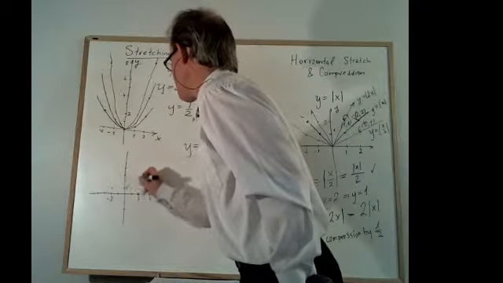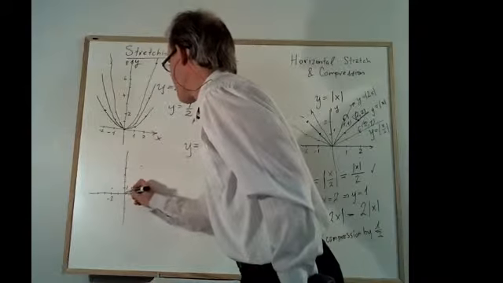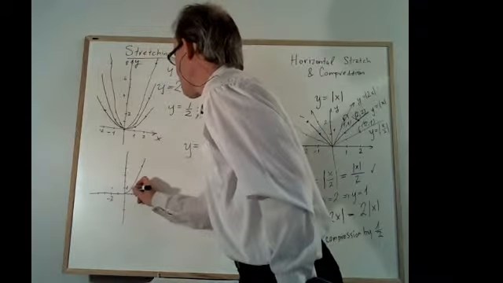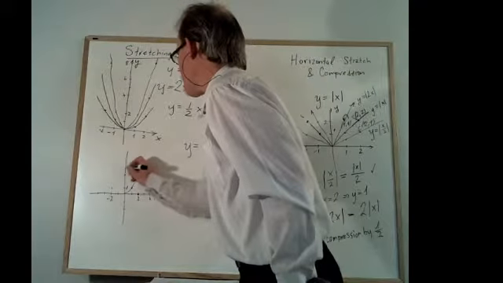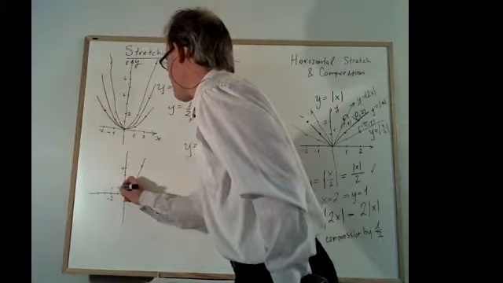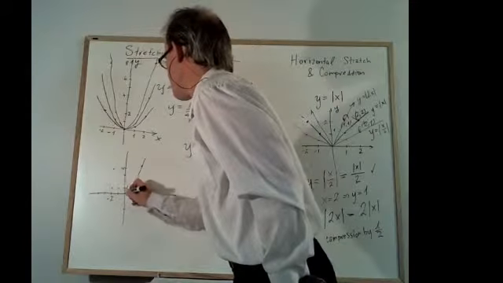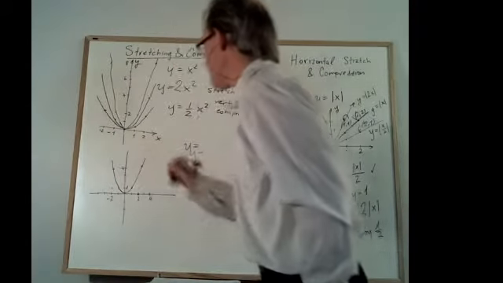So the original function looks like this. The x value is 1, y value is 1 here. X value is 2, y is 4. And likewise on the other side. That's the original function.